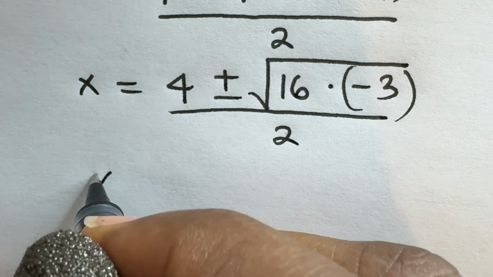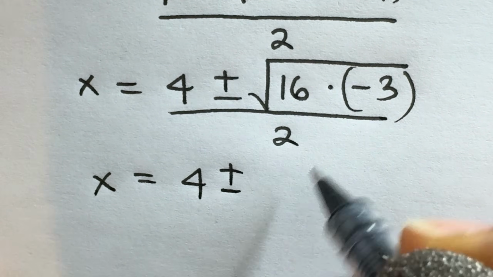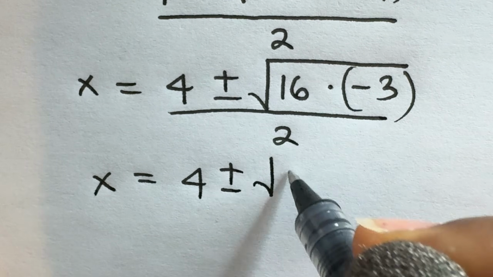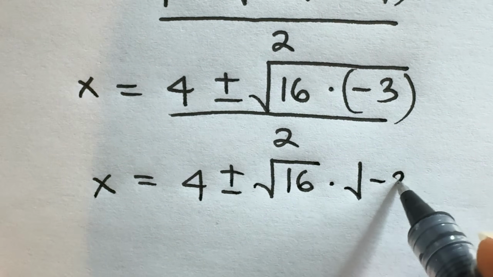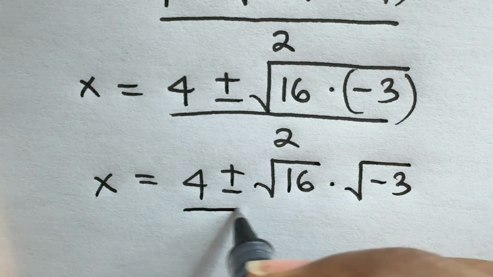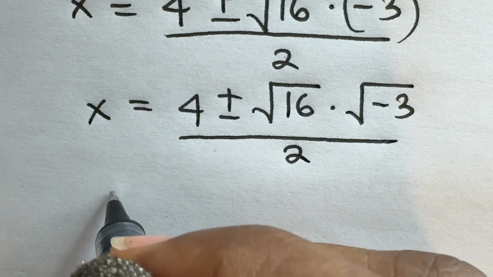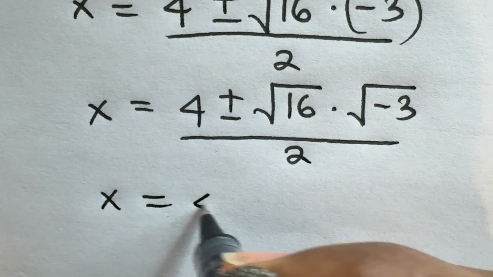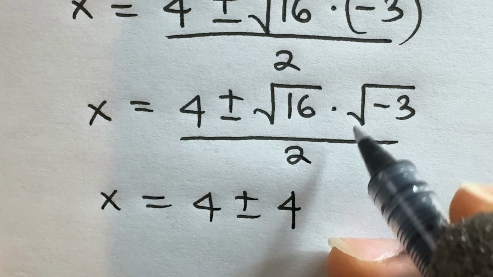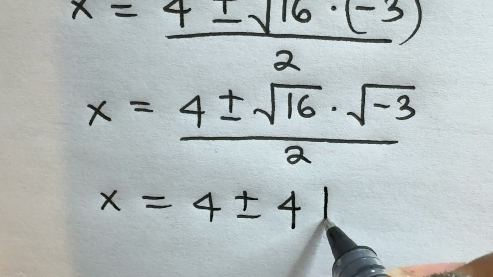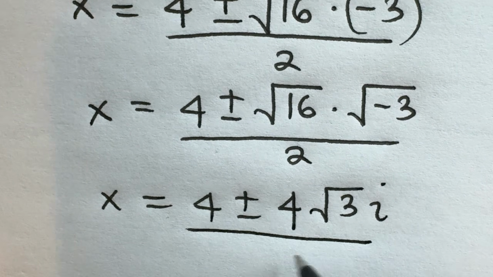Then we get x is equal to 4 plus or minus, this will be square root of 16 times square root of -3 divided by 2, giving us x is equal to 4 plus or minus 4 root 3i over 2.